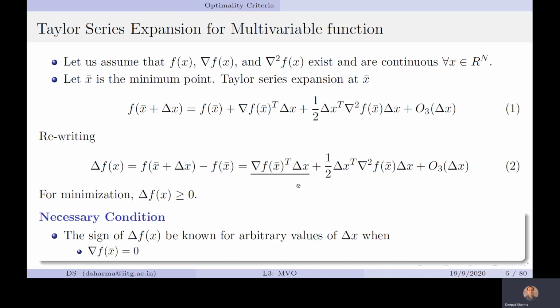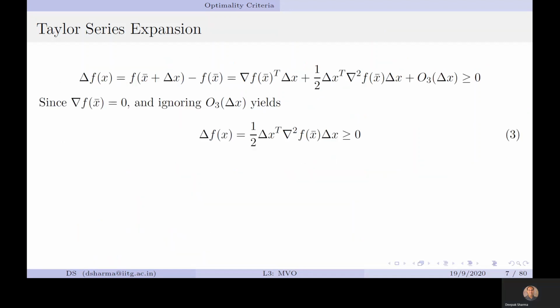Now if you look at this particular term on the right hand side, this is the dominating term, and in this dominating term delta x can be positive and can be negative. So for any arbitrary delta x, to keep the right hand side greater than or equal to 0, the only condition we have is that the gradient of the function at x bar should be 0. This condition is referred to as the necessary condition.